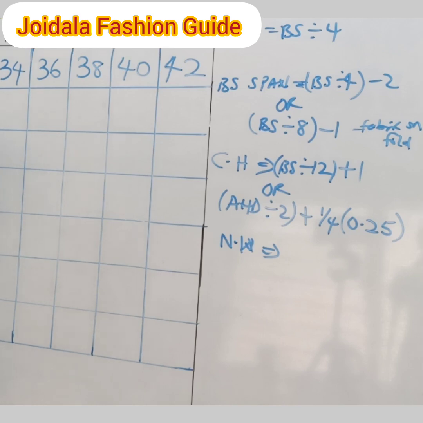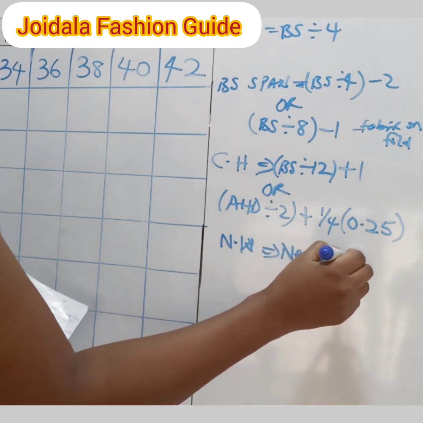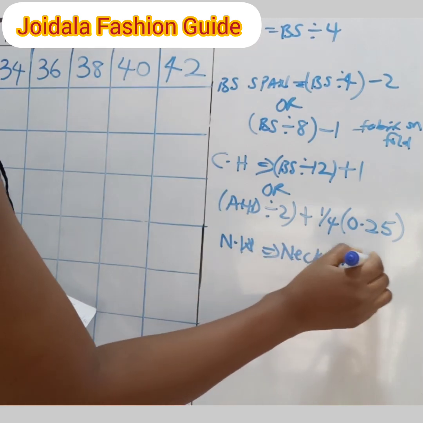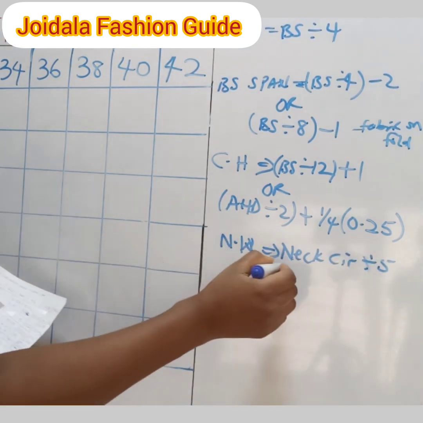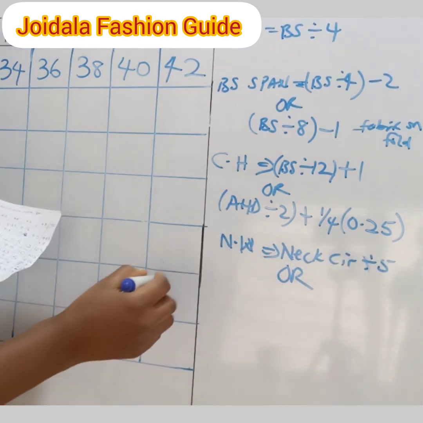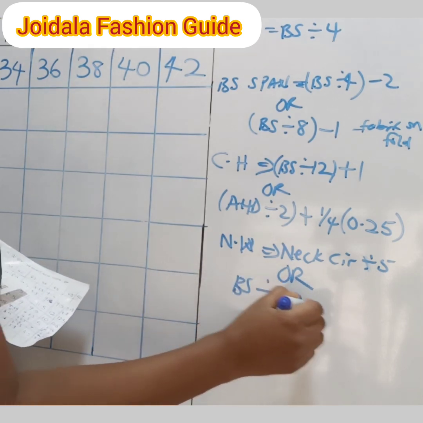The neck width, there are two ways you can calculate it. The first one is to use the neck circumference: you divide the neck circumference by 5, or you use the bust circumference divided by 12.